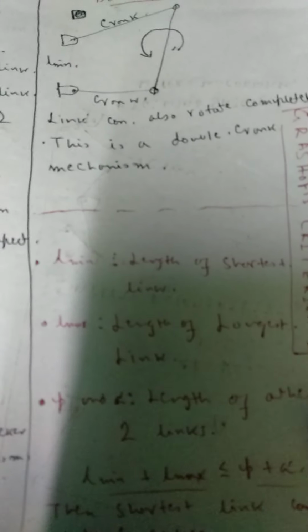If this criterion is fulfilled, then the shortest link can rotate completely with respect to all the other links. So this is the Grashof's criterion.